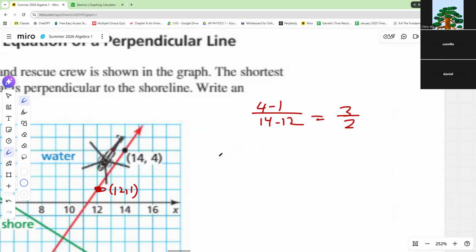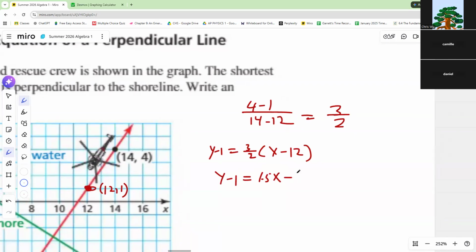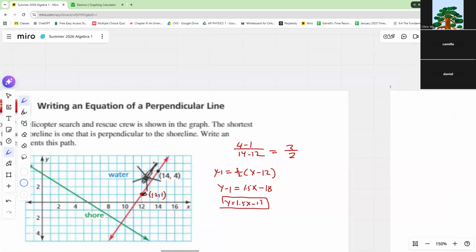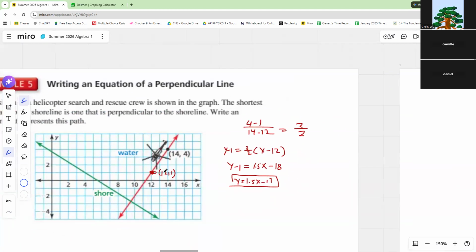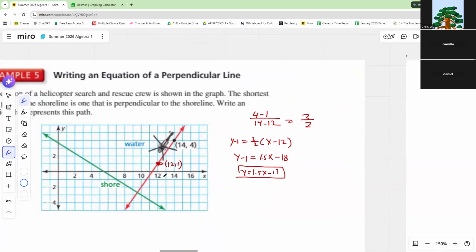Let's say y minus 1 equals 3 over 2 times x minus 12. Then y minus 1 is equal to 1.5x minus 18. So y is equal to 1.5x minus 17 or something like that, right? That will be my guess if I just directly take a point here and do the line for that. But now let's try the perpendicular line method.